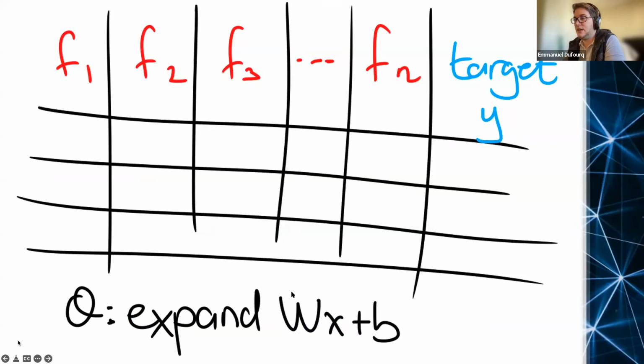So it will be w1f1 plus w2f2 plus w3f3, and so on and so forth, until wnfn plus b, and that's the expression, right? So we can have as many finite number of features as we want, and the result is that we just have a longer and longer expression.